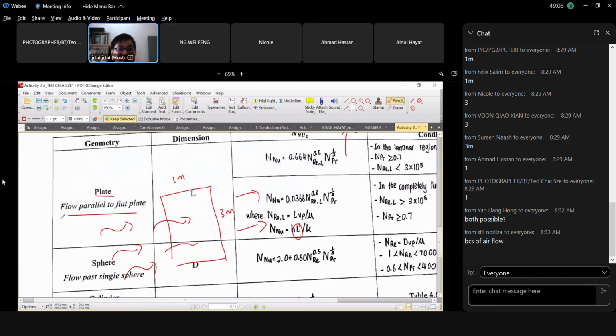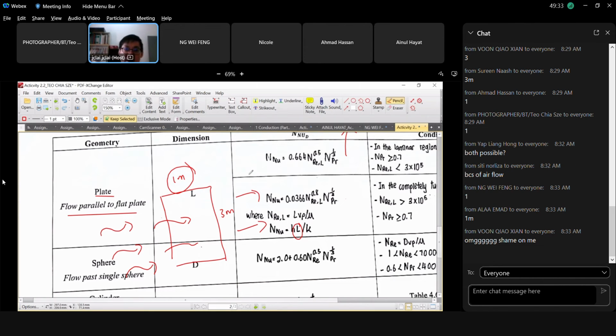Flow parallel to plate. What does it mean? This plate, which part is parallel to the flow? Which part? 1 meter.